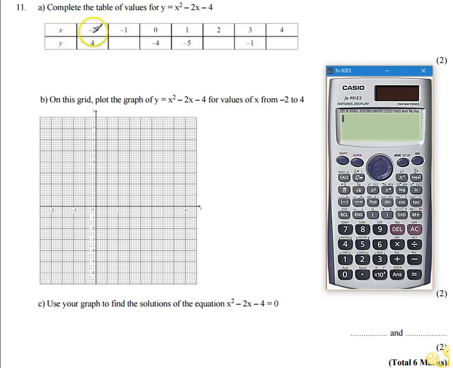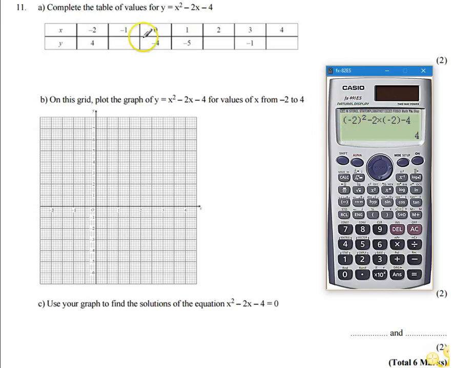So I'm going to start with this -2 and I'm going to do -2 squared, so I'm going to put it in brackets, (-2) squared take away 2 times -2 take away 4. Okay, so that should give me an answer of 4 if I've done it correctly, and I have done it correctly, so I'm confident that I know what I'm doing here.